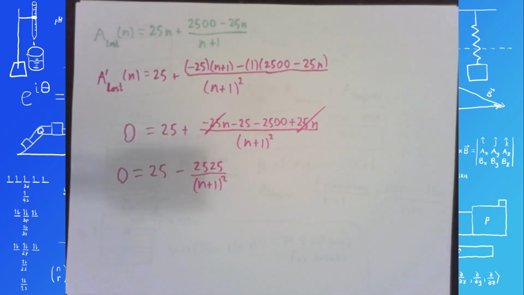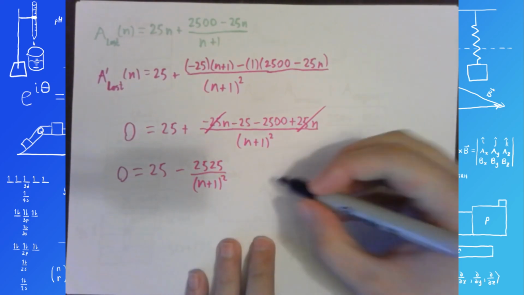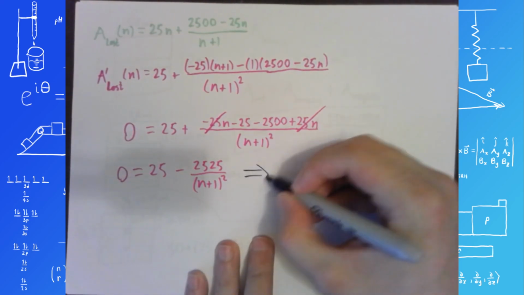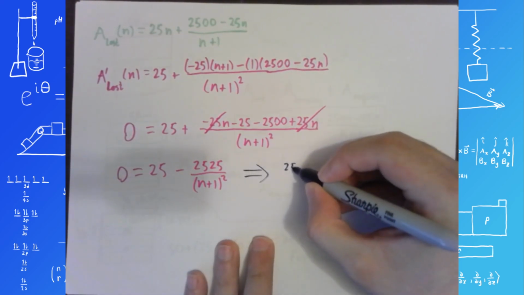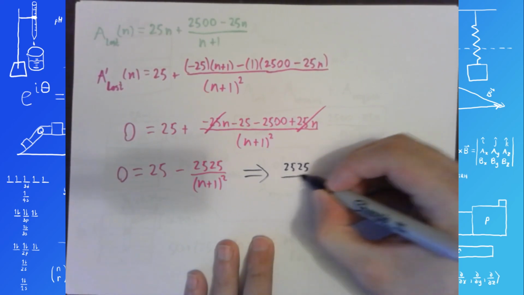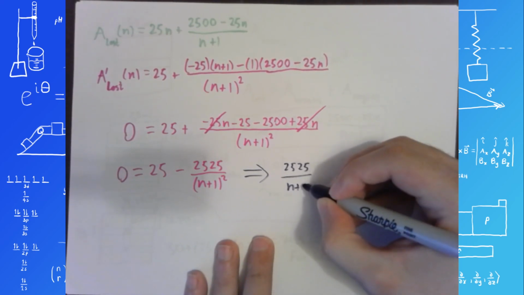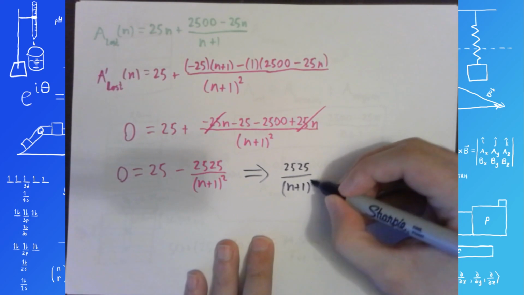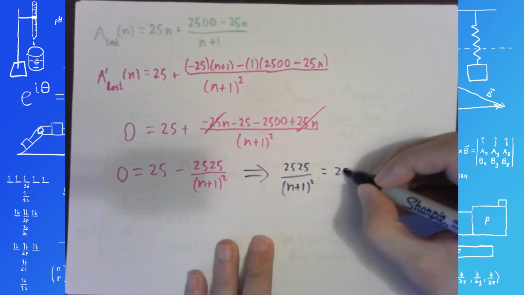So that'll give me 2525 over n plus 1 squared equals 25.